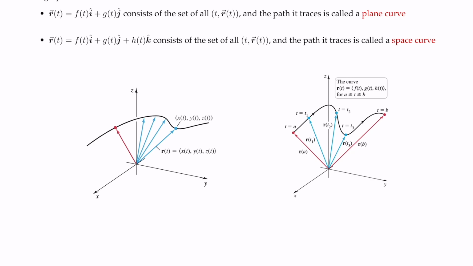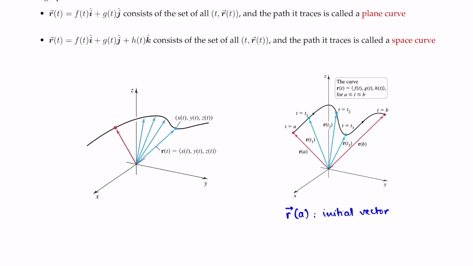So how do we graph a vector value function? As the parameter t varies over a certain interval, each value of t produces a position vector that corresponds to a point on the curve, starting at the initial vector r of a and ending at the terminal vector r of b.